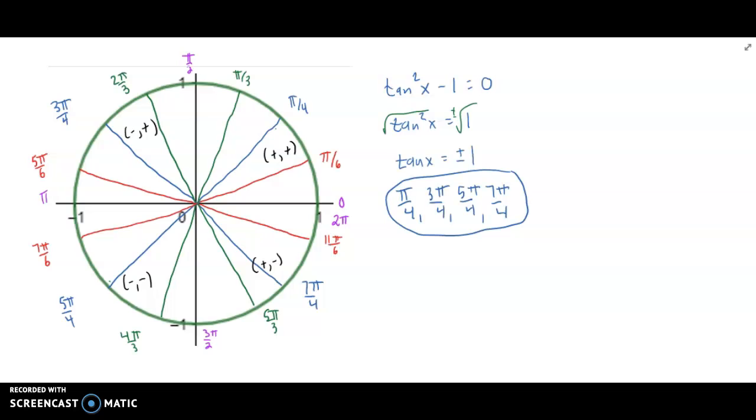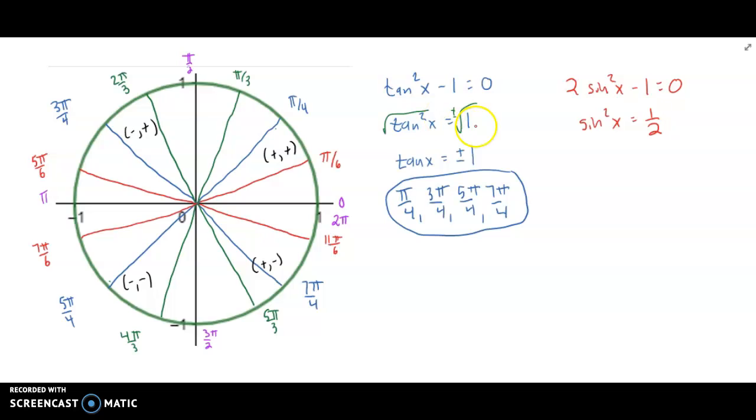So how about this? How about we had like 2 sine squared of x minus 1 equals 0. Our process is going to be just like we did with the tangent, but a little bit more involved. We're going to have the sine squared of x is equal to 1/2.